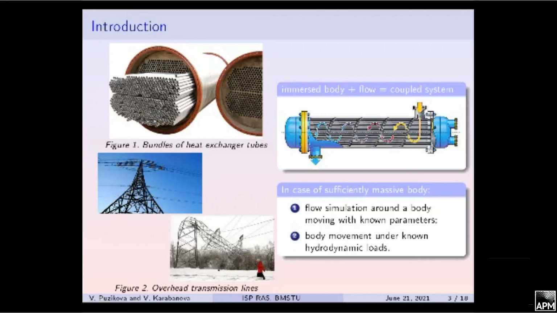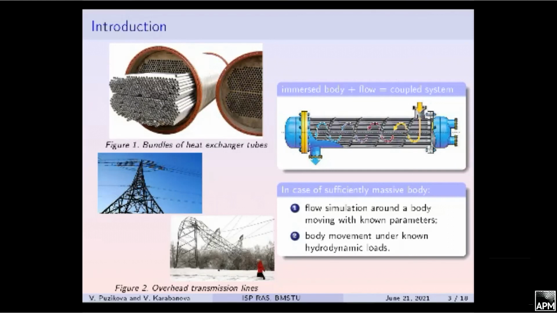To simulate these flow-induced vibrations, it is necessary to solve coupled hydroelastic problem. Such problems are complicated for numerical solution, since it is necessary to take into account interference between the flow and moving immersed body. So an immersed body and the fluid should be considered as coupled system.